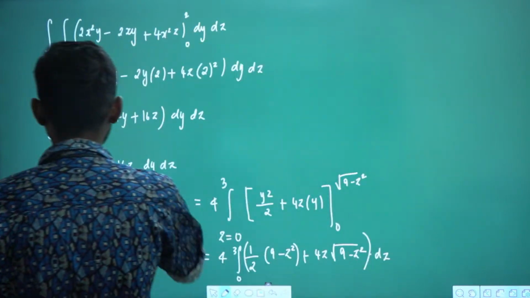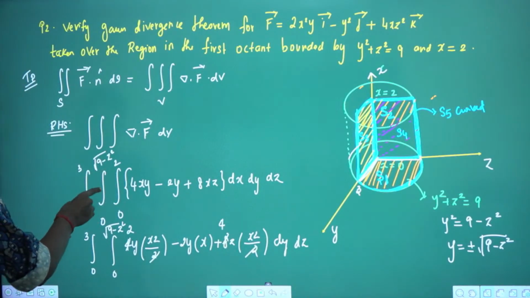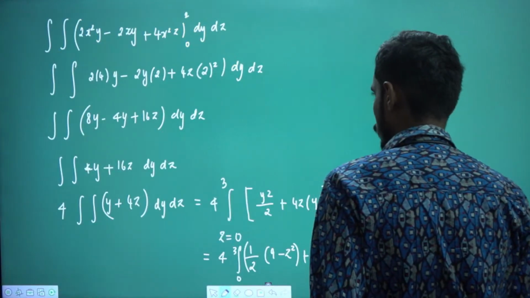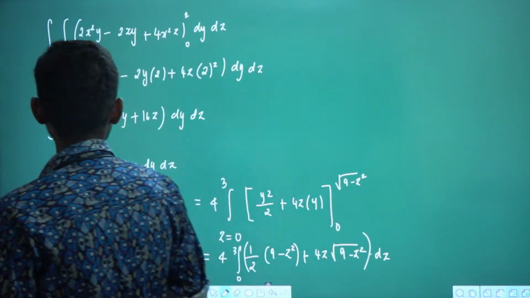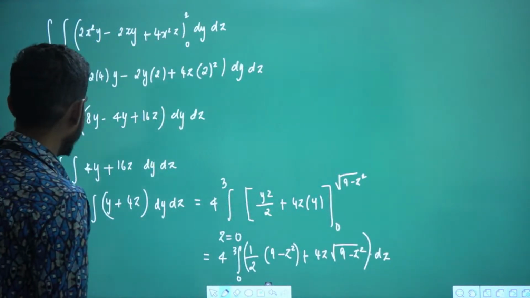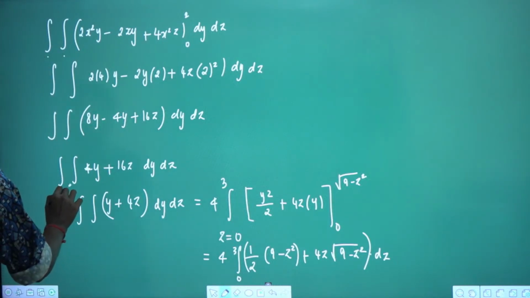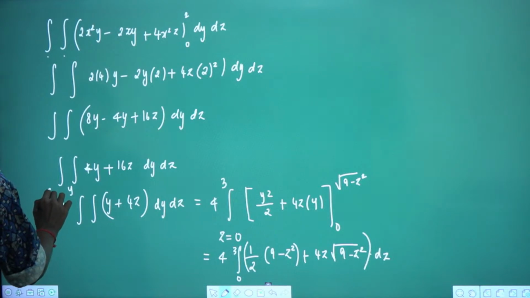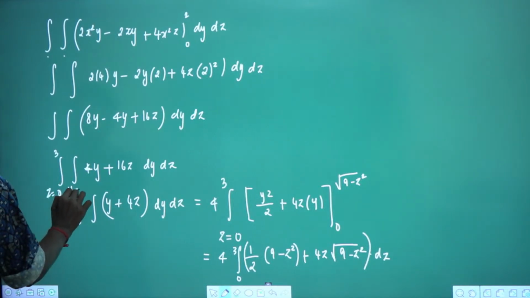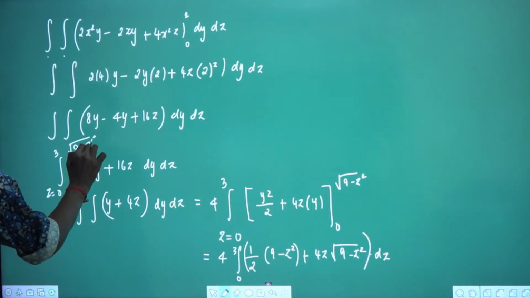Substitute those limits. After finding the limits, it is very easy to evaluate the triple integral. You will get the answer to be 180. You put the y limits here and the z limits there: z varies from 0 to 3, y varies from 0 to root of 9 minus z square.